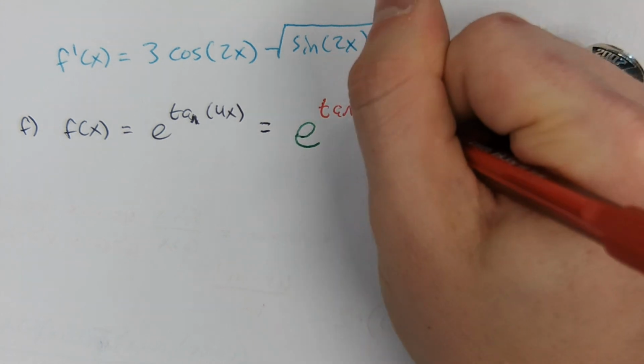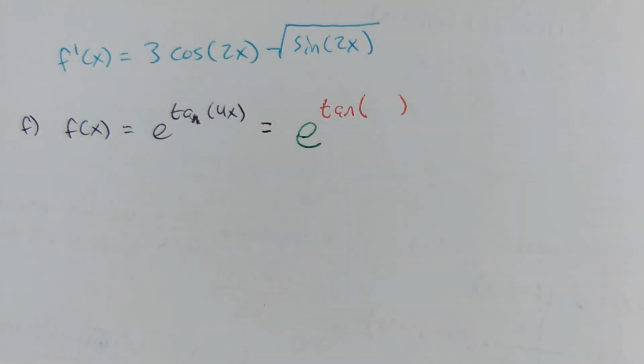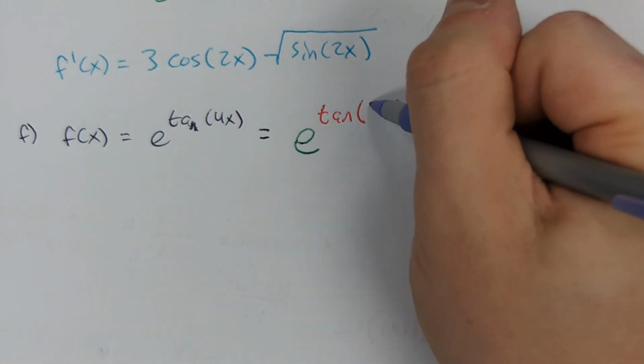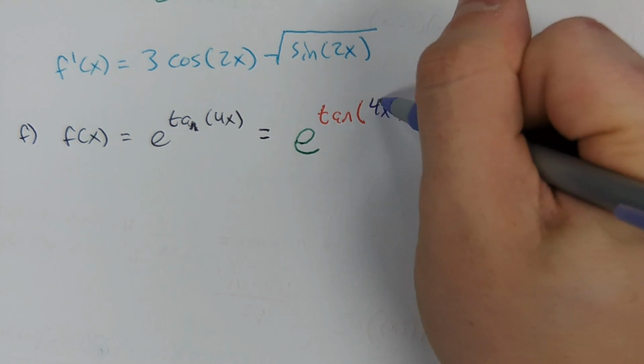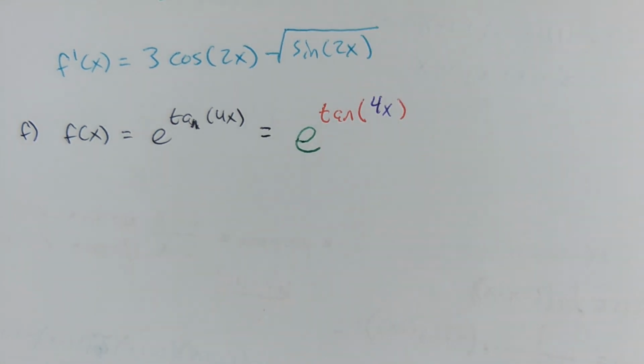However, tangent also has an inside. This one's 4x. So again, chain rule within a chain rule. And we are going to use the derivative of tangent to be 1 over cosine squared, because that is in the reference sheet. That's why I put a big black box around it on the front.